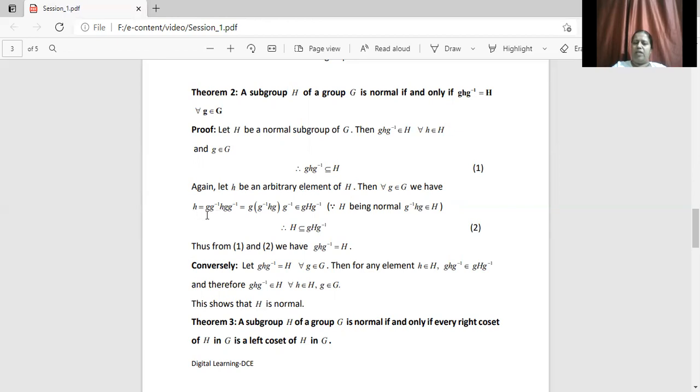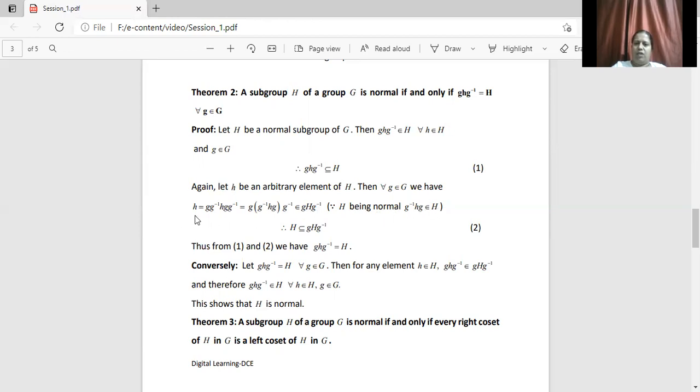So h can be written as g inverse h g. Then you take the bracket for g inverse hg. That becomes g inverse hg is nothing but your capital H. Therefore, it belongs to gHg inverse. Since here H being the normal, g inverse hg belongs to capital H.